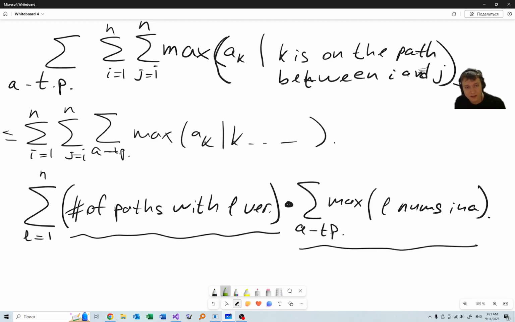Actually there is some sort of associativity in such sums. So you can put brackets like this, or you can put brackets like this, and this will be the same thing. No, I messed up.